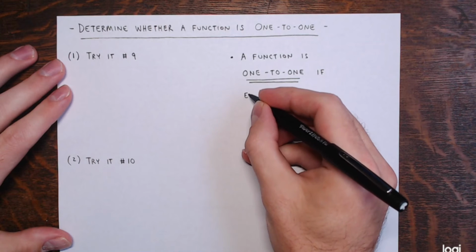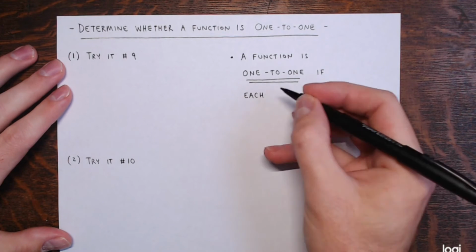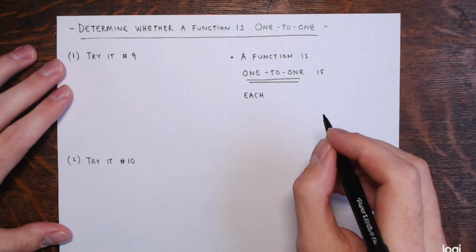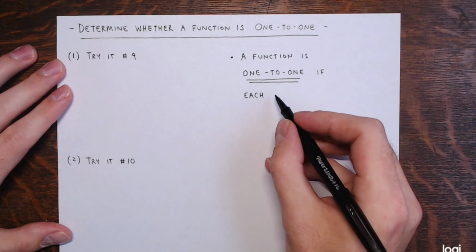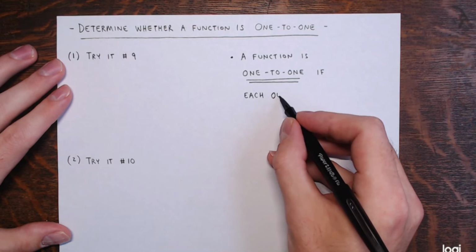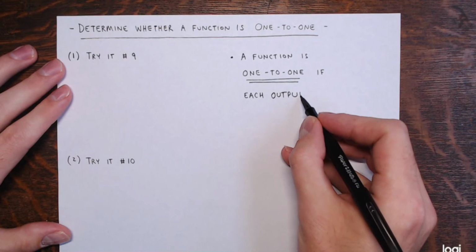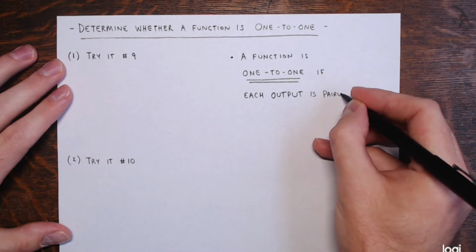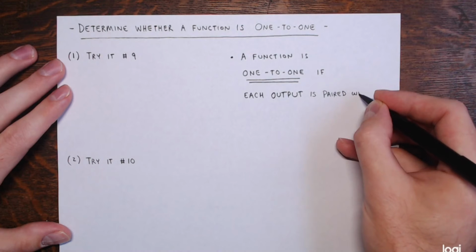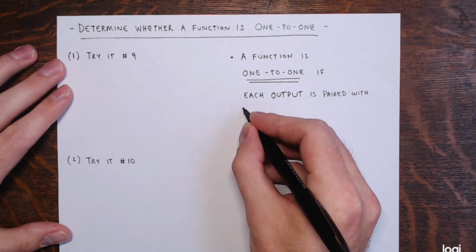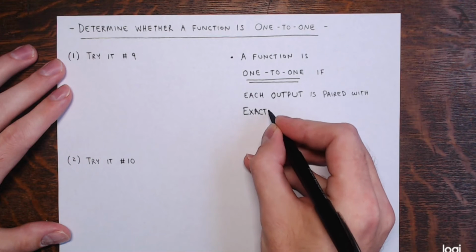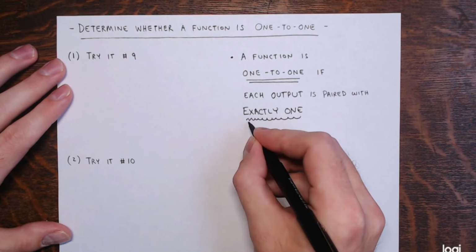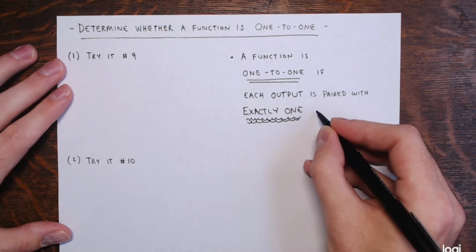So if each value in the range is paired with or corresponds to exactly one value and no more than one value in the domain. So if each output, value in the range, is paired with exactly one input. That's huge right there.